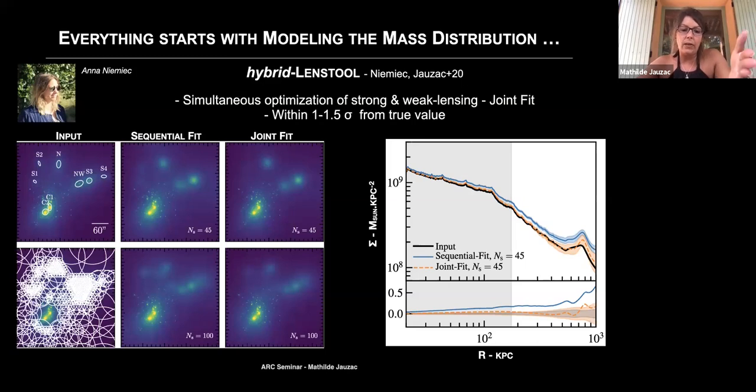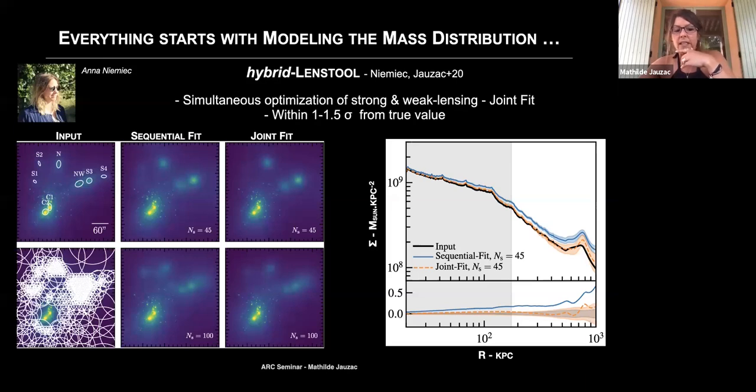The middle panel shows what we used to do: we first model the strong lensing separately, then we have a best fit, and then we add the weak lensing for the wider field of view. So this is the recovery of this mass distribution with the sequential fit. And then on the right-hand side, you can see the joint fit, the new method.